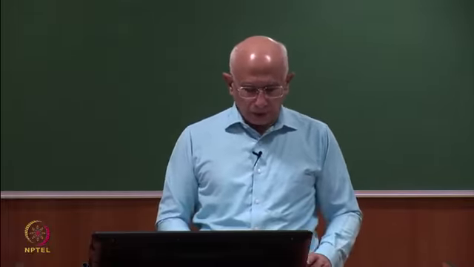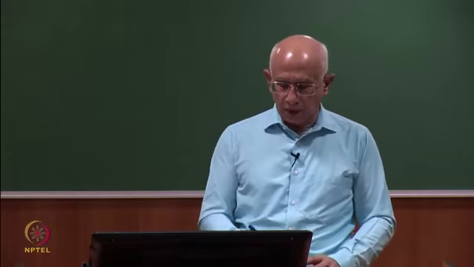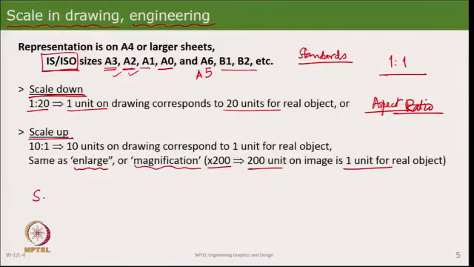We will come back to this a little later on, but one more thing about scaling is that what scaling to use is also decided by certain standards. These are certain ISO standards, and in engineering we use only those standards.